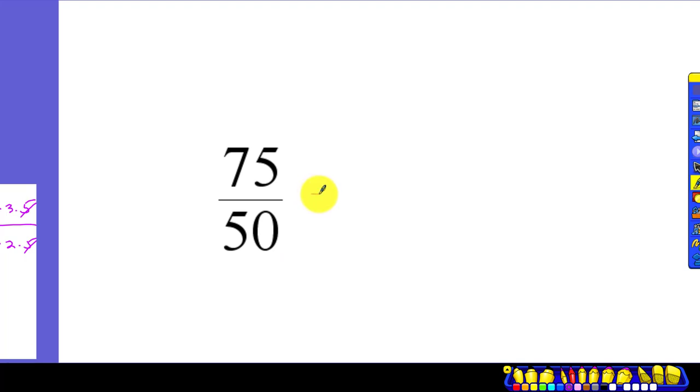We know that 75 is what? 25 times 3, right? And then 50 is 25 times 2, correct? And then from here, this is product. So we can cancel this. 25 over 25 is just equal to 1. Okay? And then 1 times 3 over 2 will just give us 3 over 2.